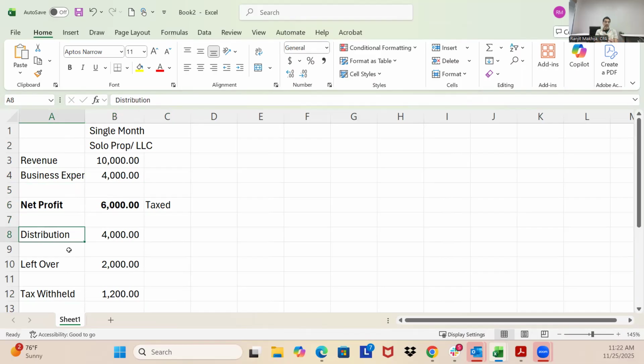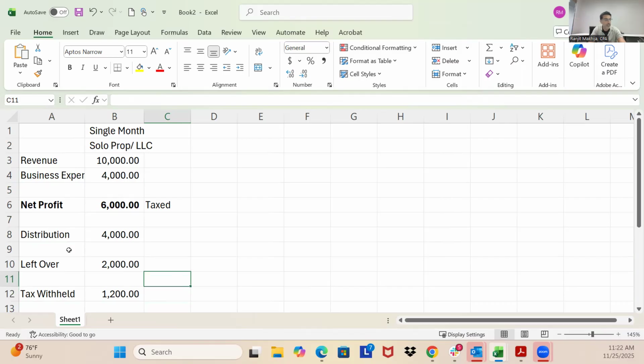This is what you're going to write out a check to yourself from the business to your personal account. This is where you're going to pay your mortgage, your rent, and for food. Then you're going to have this leftover $2,000. This is going to be part of your operating cash flow for the following month. Now, the $1,200 is what you need to put in a separate personal account where you don't touch it, so you make sure you're saving up every month so you can pay your taxes at the end of the year or make your quarterly payments.